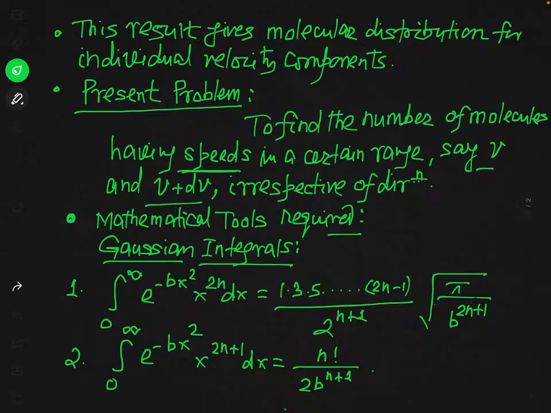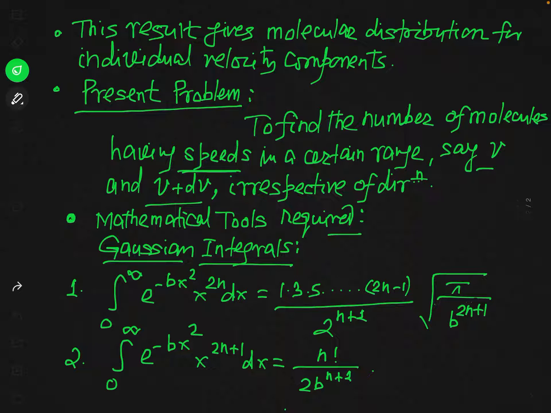But to know the molecular distribution of speed and its calculation, we need some mathematical tools. In fact, you will encounter some improper integrals. Those improper integrals are evaluated by the knowledge of the gamma function.